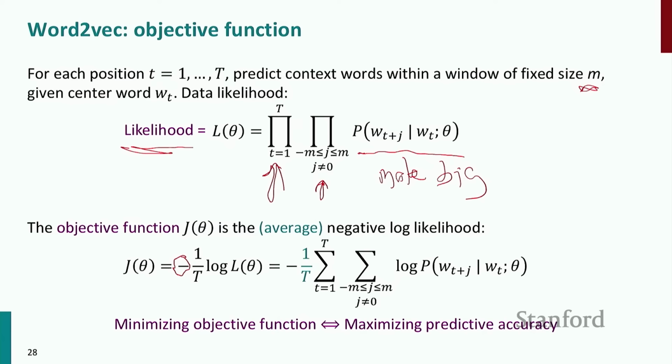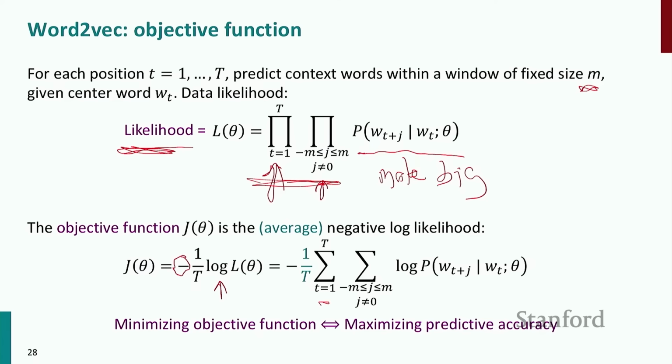But the second part is, here we have this enormous product, and working with enormous products is more difficult for the math. So the second thing that we do is introduce a logarithm. Once we take the log of the likelihood, when we take logs of products, they turn into sums.